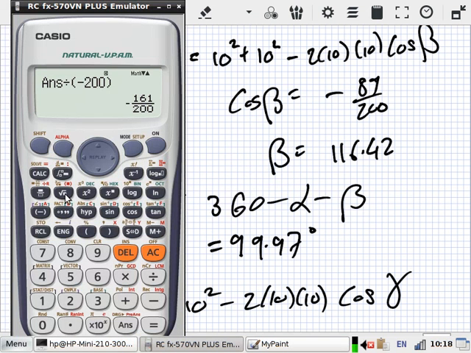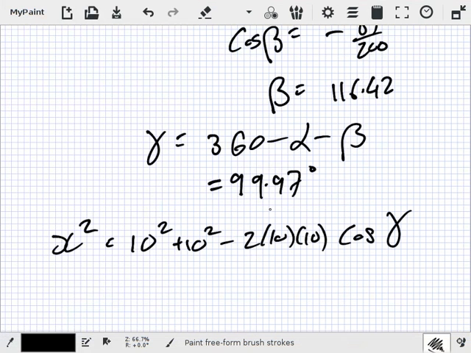So square root of 10 squared plus 10 squared minus twice times 10 times 10 times cos C. 15.3 meters is the answer. Oh, to the nearest meter. To the nearest meter, 15.